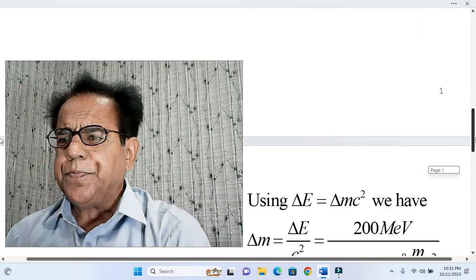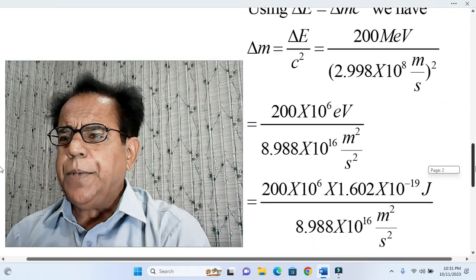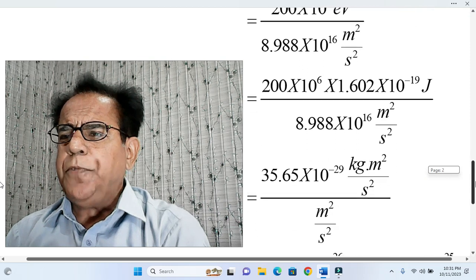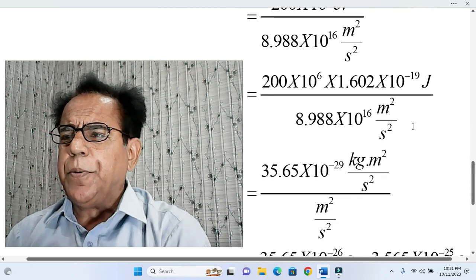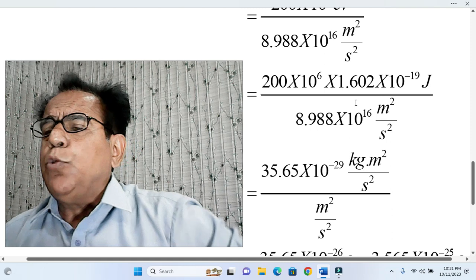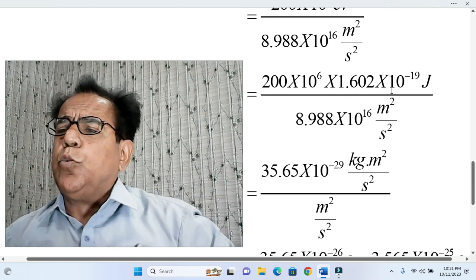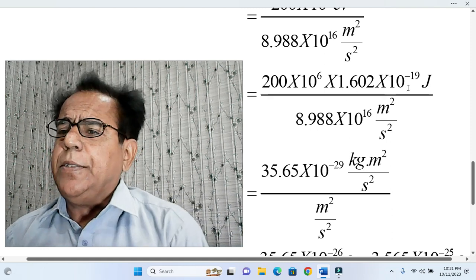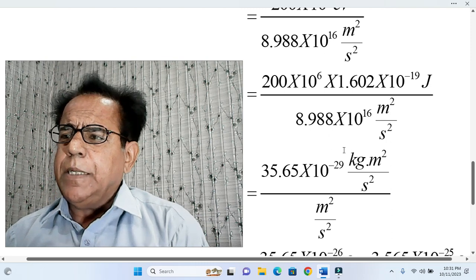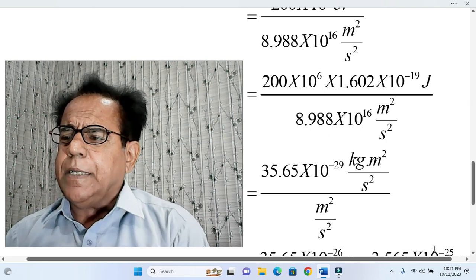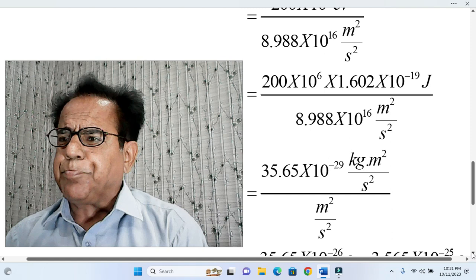No confusion. In place of electron volt we have used this value, 1.602 into 10 raised to the power minus 19 joule, divided by this. After simplification our result becomes this.